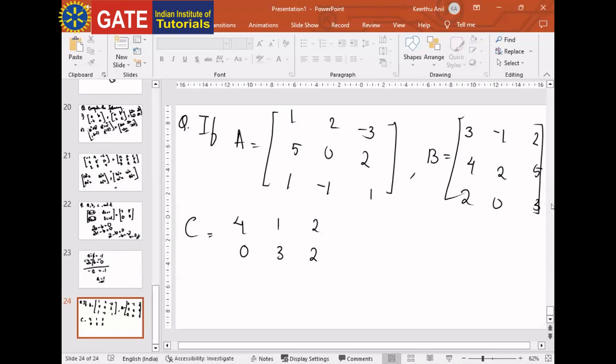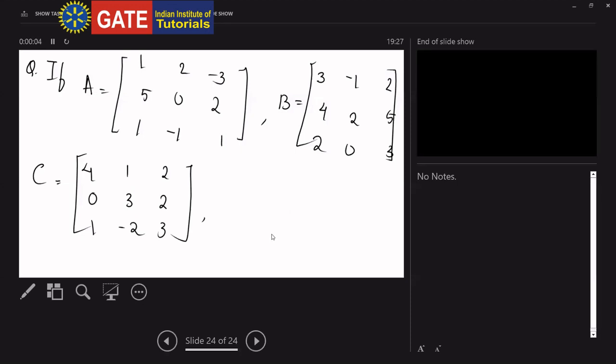You are not able to see it? I'll show you. 1 minus 2 T. Are you able to see it now?